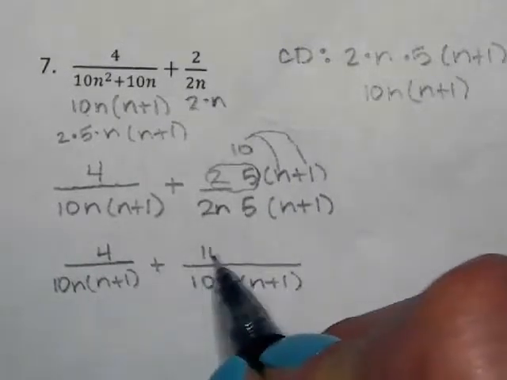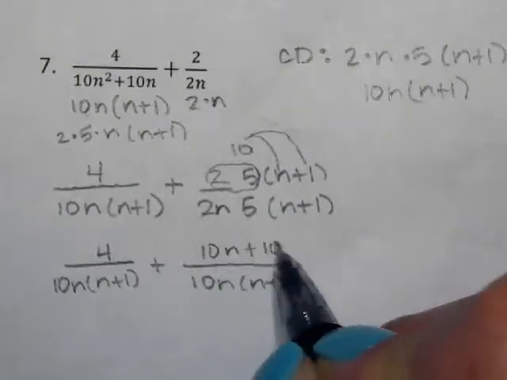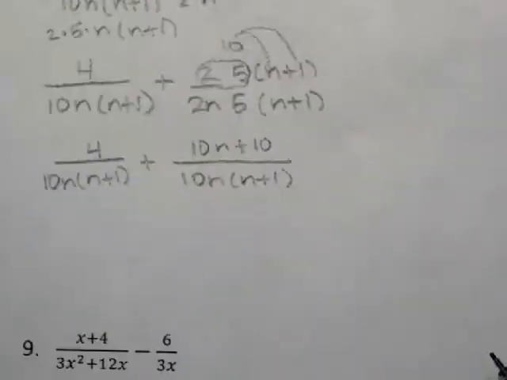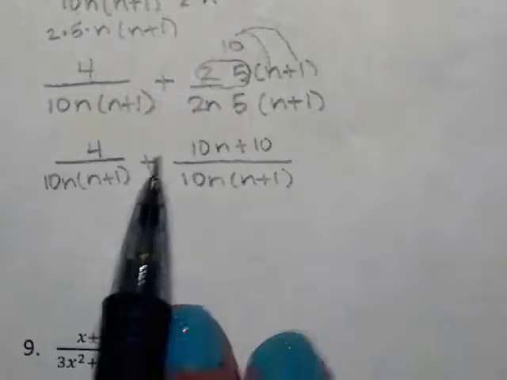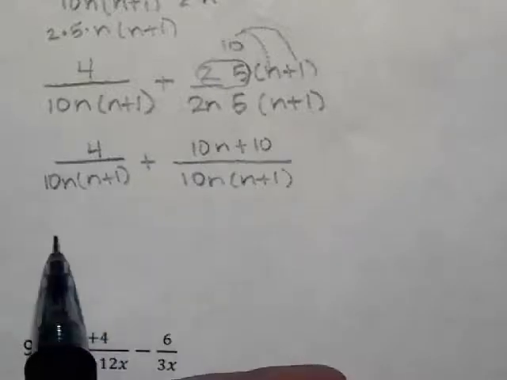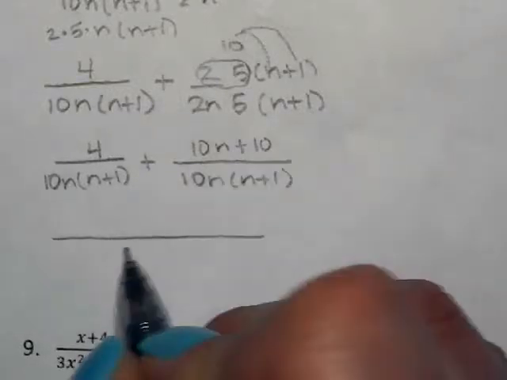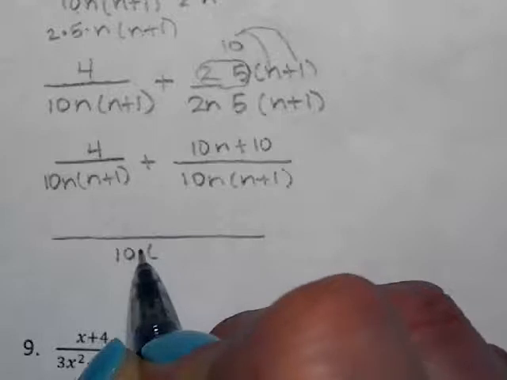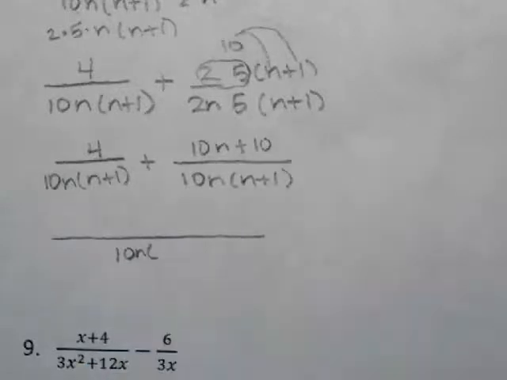And this one is nice because we don't have a negative to distribute. We just have a plus in between them. So we can go straight to putting it as one fraction and combining like terms. So this is why I didn't practice addition with you guys, because addition is more intuitive.